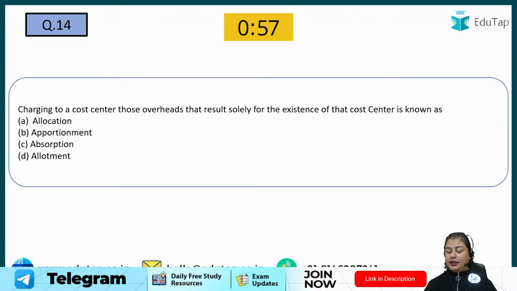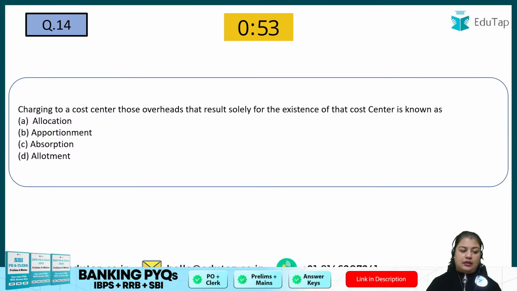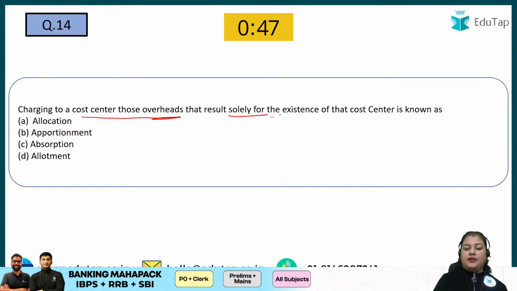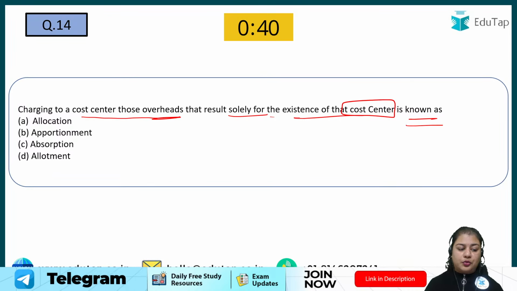Question number 14, read the statement very carefully. Charging to a cost center those overheads that result solely from the existence of that cost center is known as dash. Allocation, apportionment, absorption, or allotment.